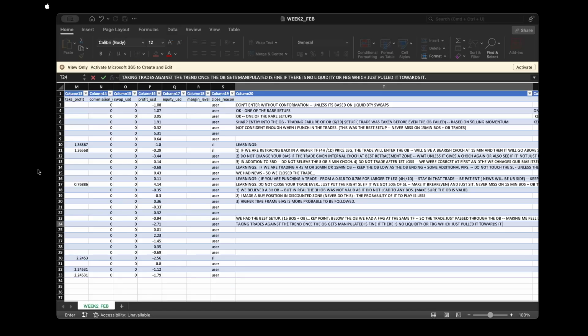So this is the learning in here. This trade was not correct just because there was an FVG below it, similar to liquidity below the order block.